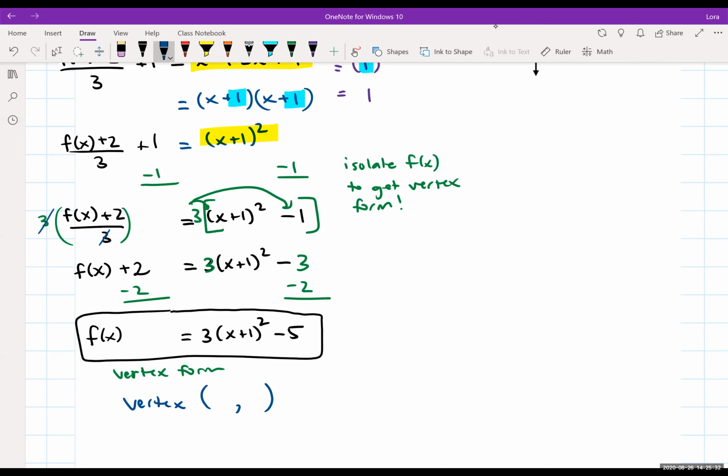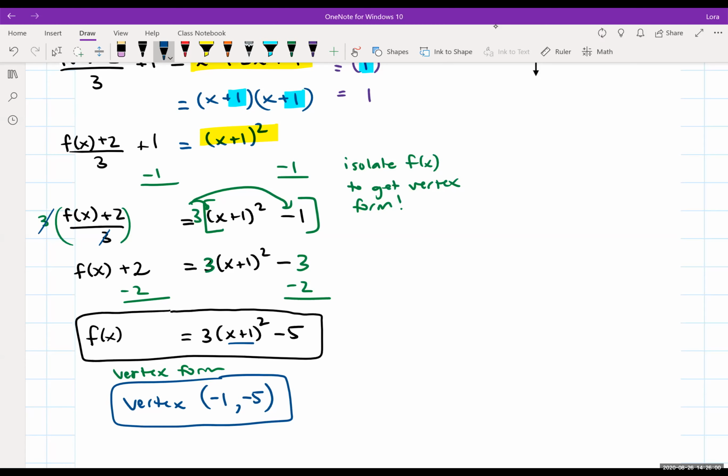The h is always associated with the x. So when we're looking at the squared term, the vertex would be the opposite of what you see, remember about the horizontal shifting? Same rules apply. So we have -1. And then vertical shifting, it's exactly what you see. So the vertex is -1, -5. So that's probably another thing that the directions are looking for.